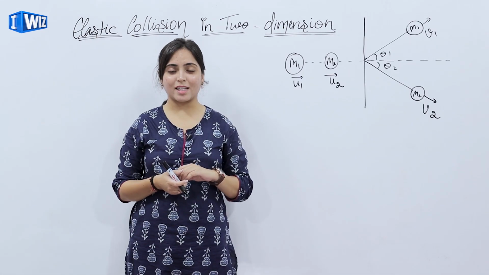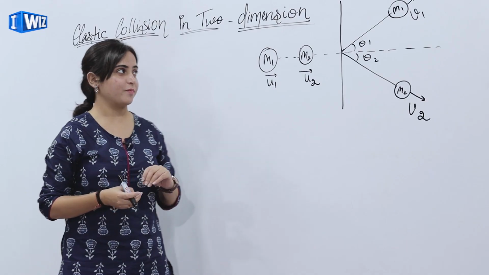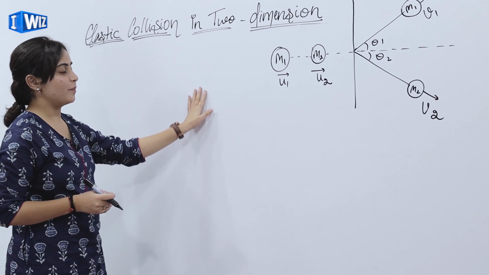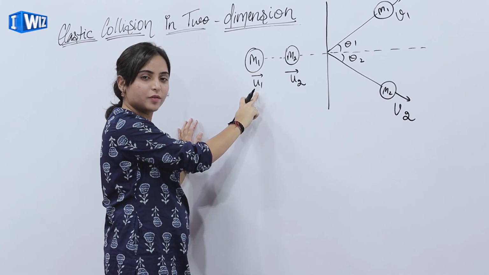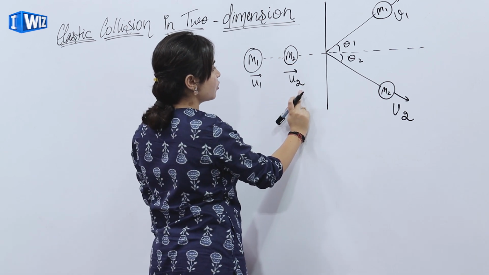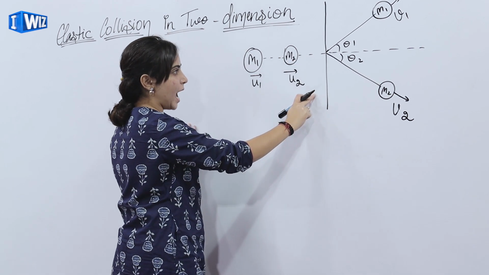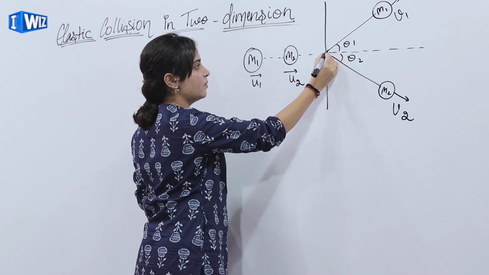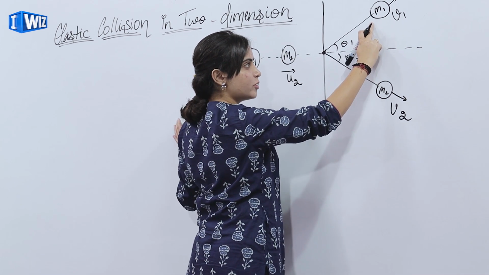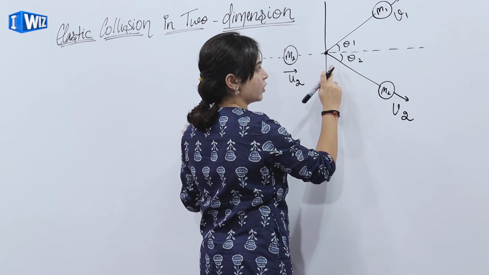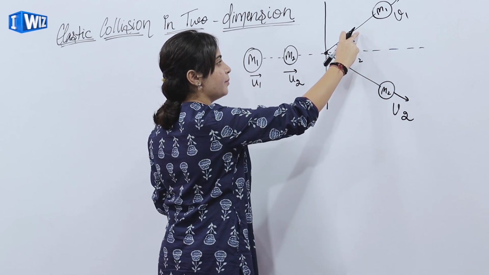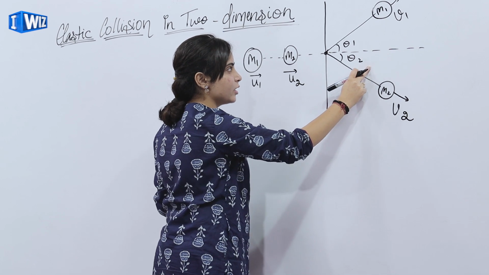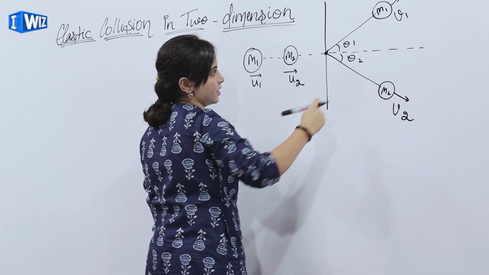Now let's discuss elastic collision in two dimensions. In two dimensions, what will happen? Mass m1 is moving with u1, mass m2 is moving with u2, and they collide at a point. Then m1 moves with v1 in this direction and m2 moves with v2 in this direction, and they make angles θ1 and θ2 with this axis.